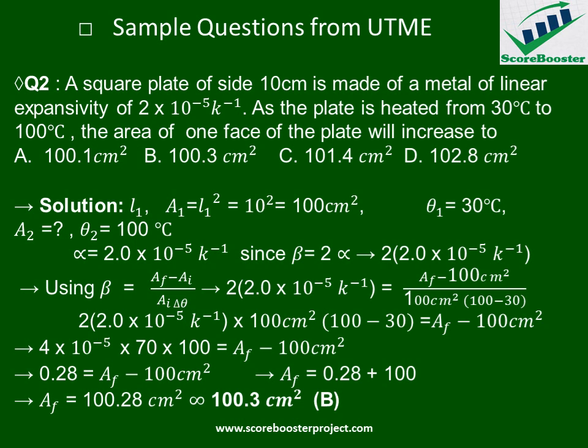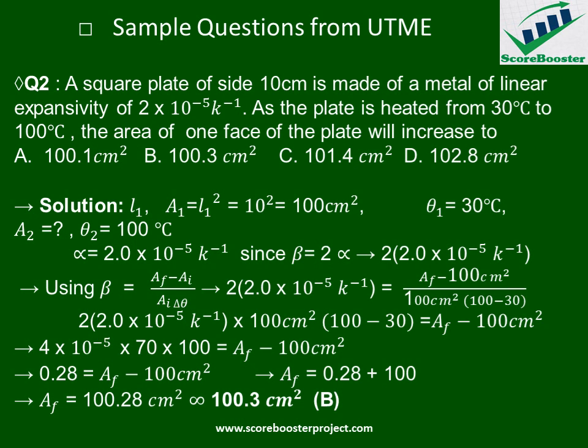From the question, we are also given theta 1, the initial temperature, to be 30 degrees Celsius, the linear expansivity to be 2.0 times 10 raised to the power minus 5, and the final temperature to be 100 degrees Celsius. The final area is not given. Of course, that is what they want us to find. As the question says, the area of one face of the plate will increase to, that means they want us to find the final area.